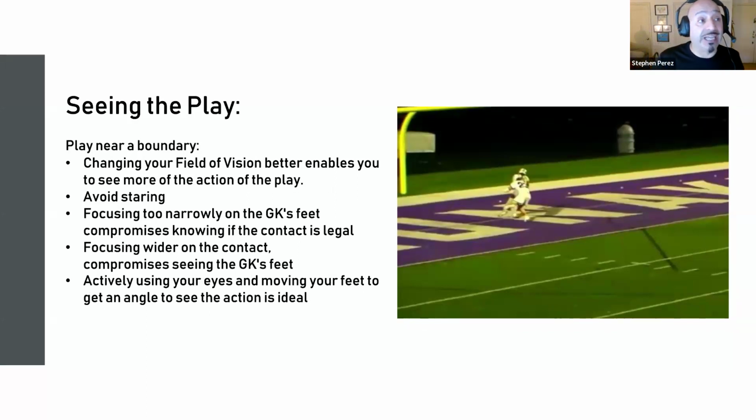And if we hear head contact, it's like, how did that happen? So reminders: focusing too narrowly on the feet compromises knowing if the contact is legal. Focusing on the wider contact compromises seeing the goalkeeper's feet. So we have to actively use our eyes and move our feet to get an angle to see what is happening on the play. That's a lot of work.